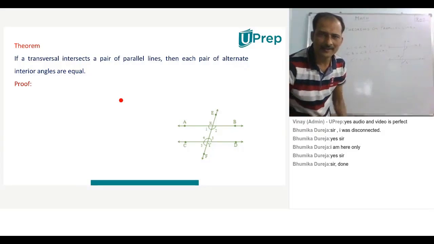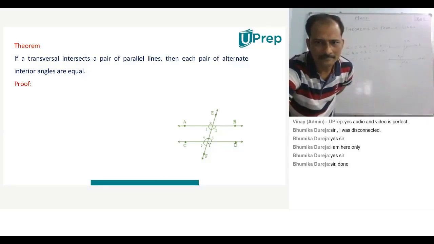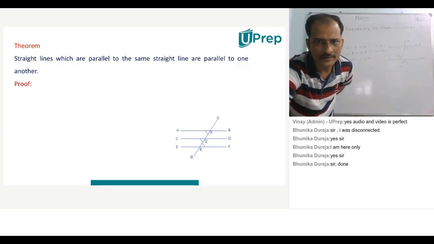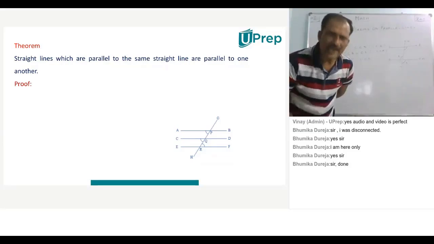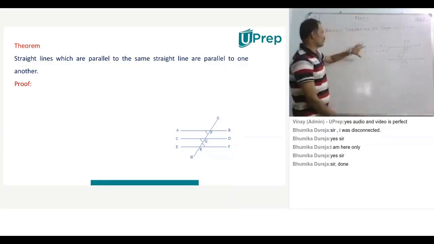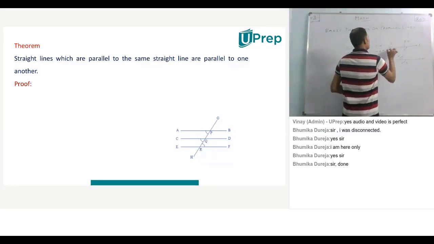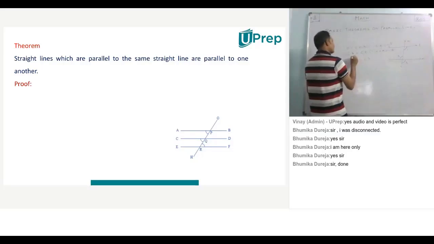Shall we move on to the next one? So basically, it is the converse. That's why I'm not making you write. If you want to write, you can write like this: this is 1, this is 2, from 1 and 2 we get.